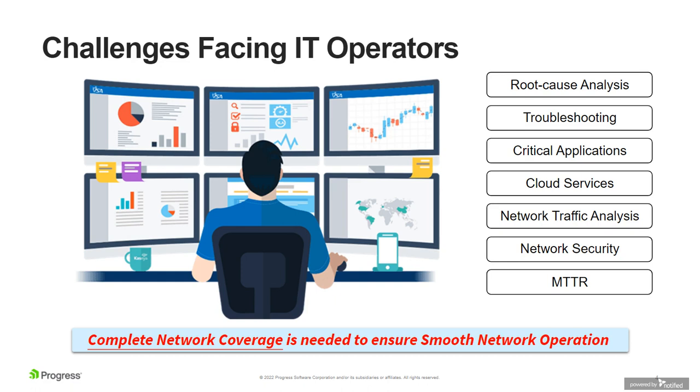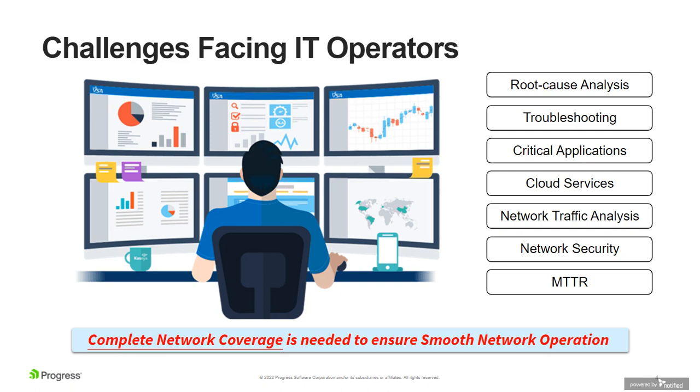So whose responsibility is this? It's the IT team, of course. Their job is to keep the network up and operating and make sure these sort of things don't happen. So they've got a lot on their plate. Any IT operator or any IT team is going to be dealing with troubleshooting, like we're just describing, but also maintaining those critical applications. They're going to be looking for root cause analysis for any issues. They've got to make sure the cloud services are connected.